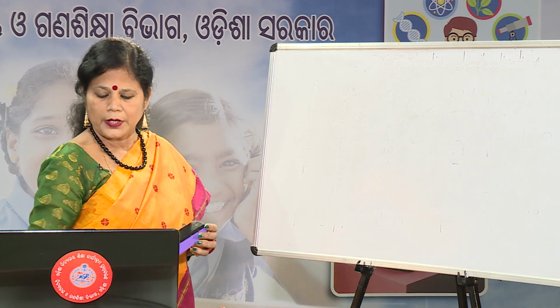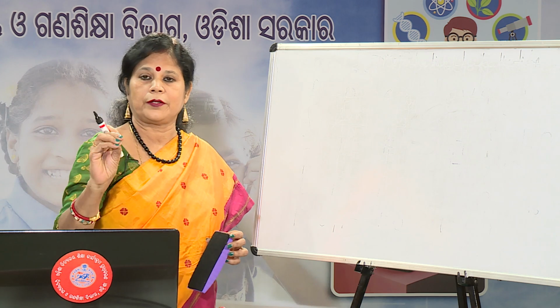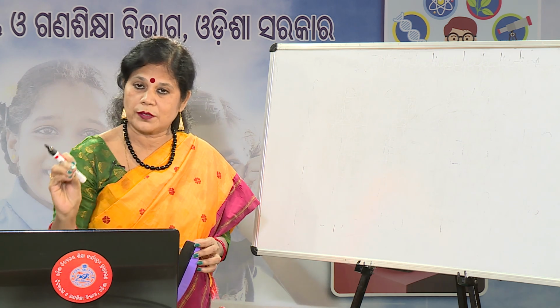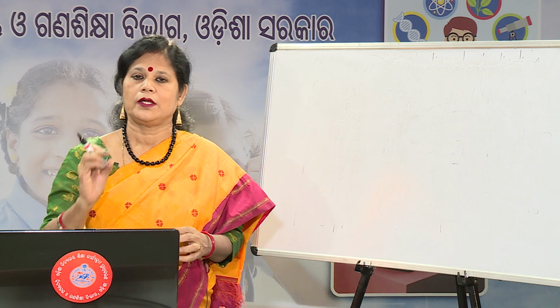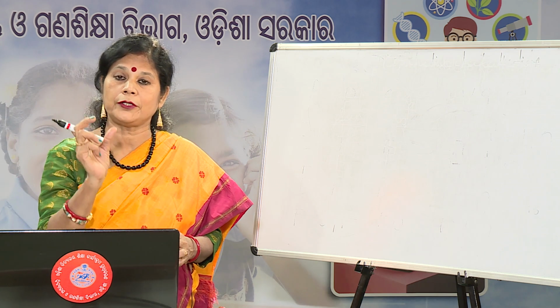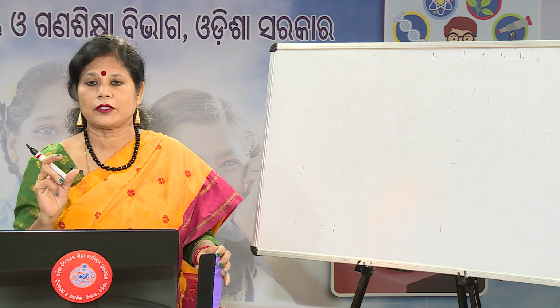Alternative function. I have already told you that in the alternative function, or is used in the exclusive sense. That means if one is true, the other cannot be true. Both cannot be true together. So what is this alternative function?